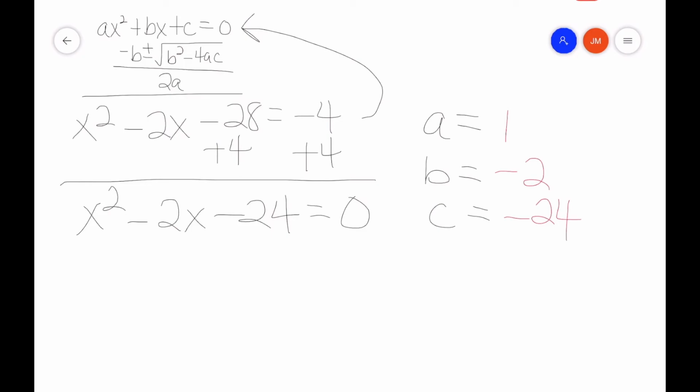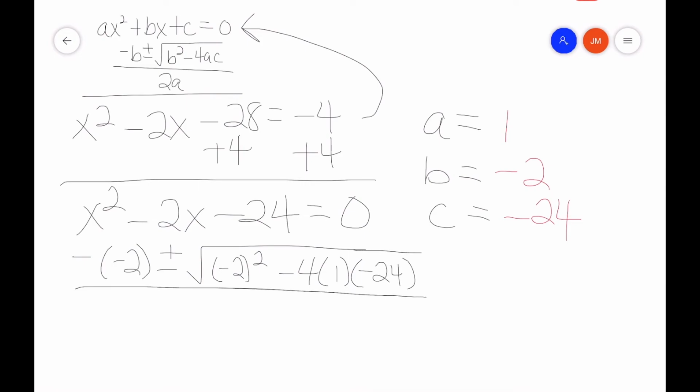So we can start plugging in our coefficients into the quadratic equation. So we have negative b plus or minus the square root of b squared minus 4 times a, which is 1, times c, which is negative 24, all over 2 times a, which is 1.